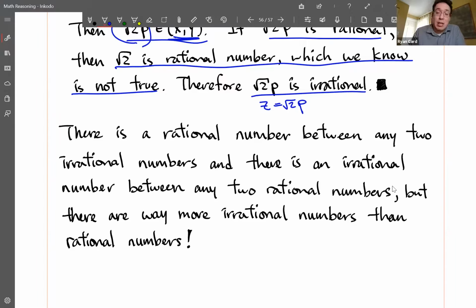We don't have enough real analysis to prove this yet, but if you took a soup of all real numbers, or maybe the interval from 0 to 1, and you randomly scooped up a number in that interval, then with probability 1, you're going to get an irrational number because they're so much more abundant than rational numbers.